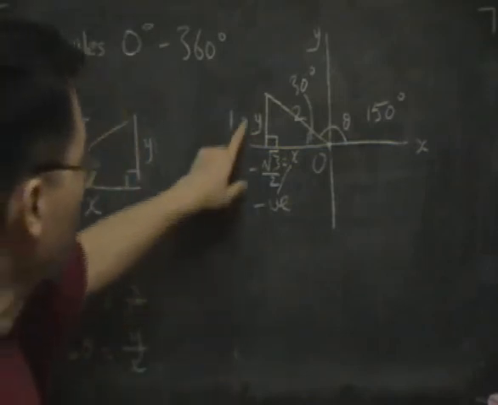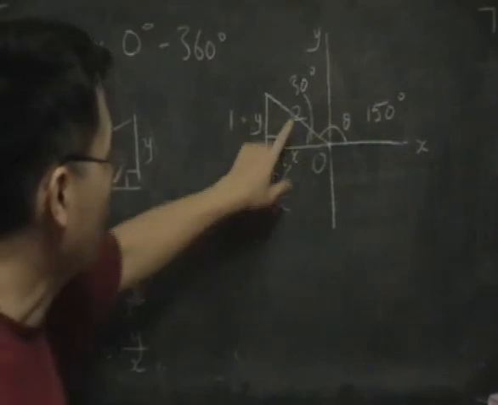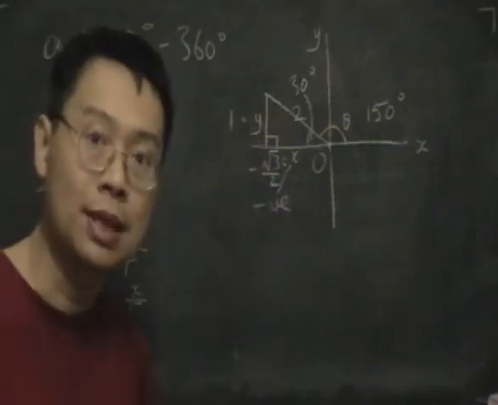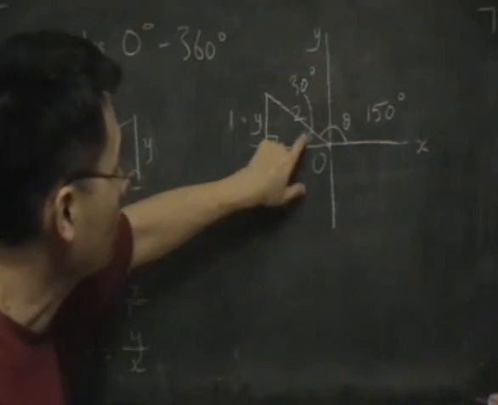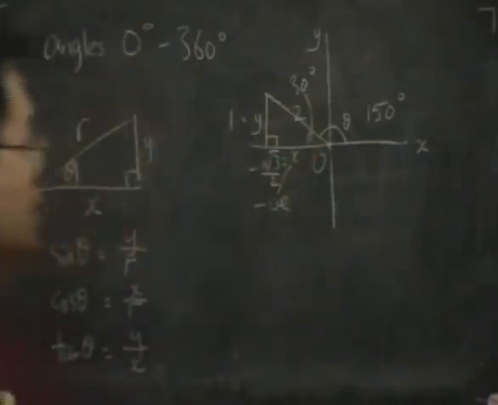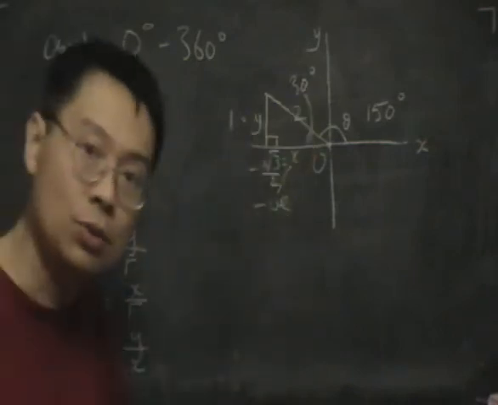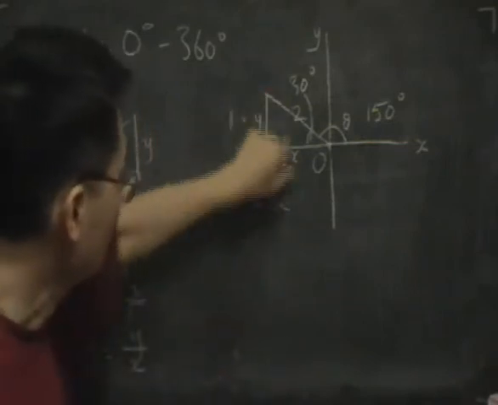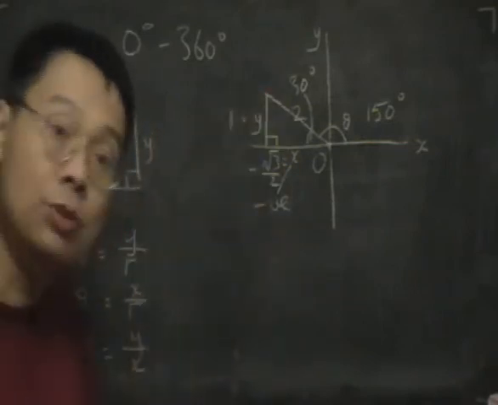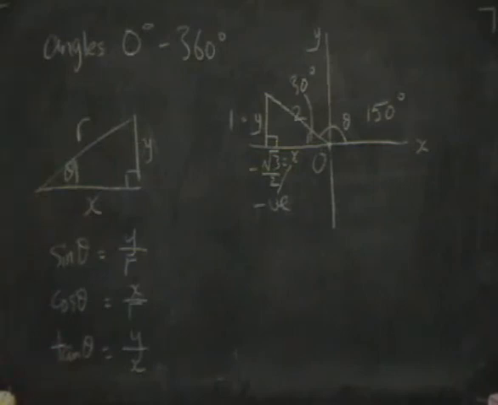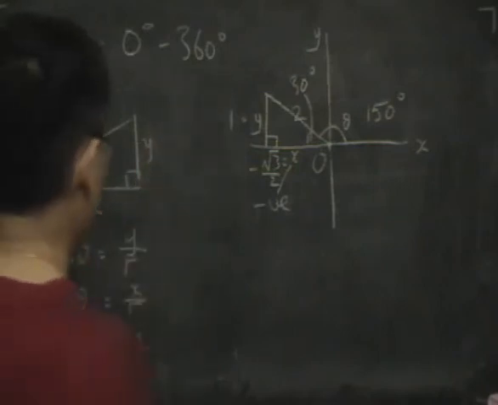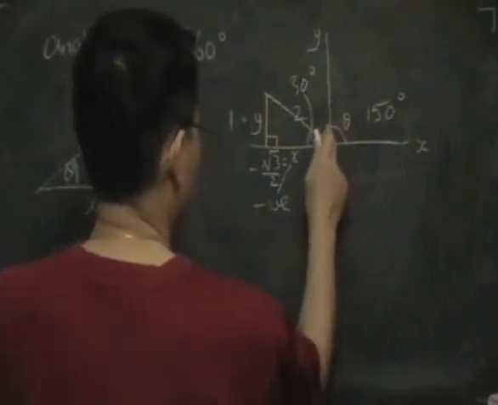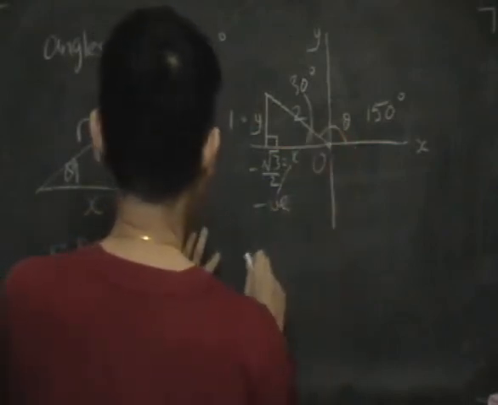Alright, so we know the values of all three sides of the right angle triangle when one of the angles is 30 degrees. So this means that we can use this length to calculate the sines and cosines. So let's try that. For this triangle, I have the angle of 150 degrees.